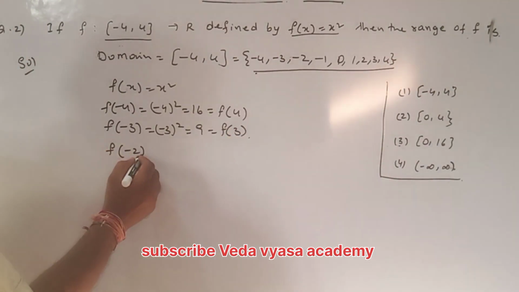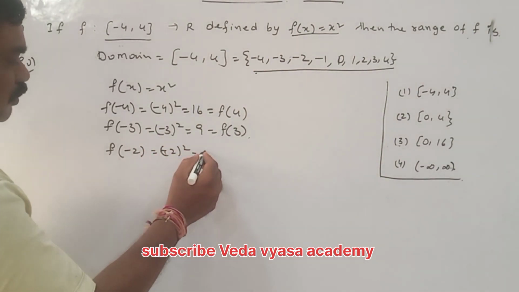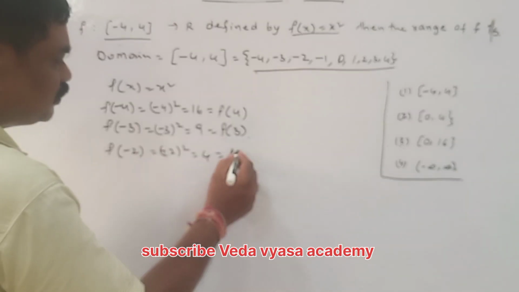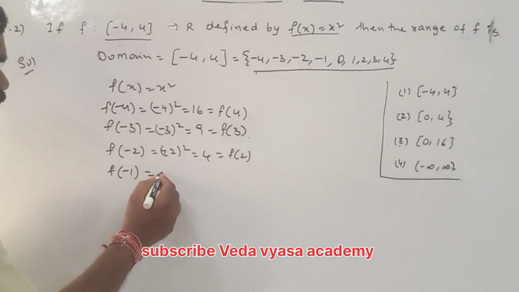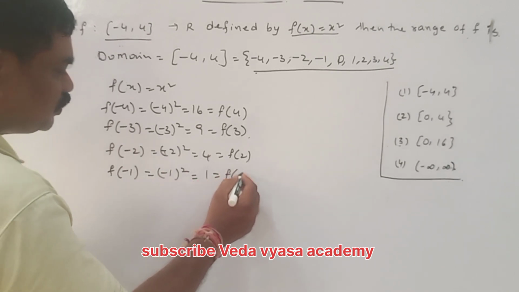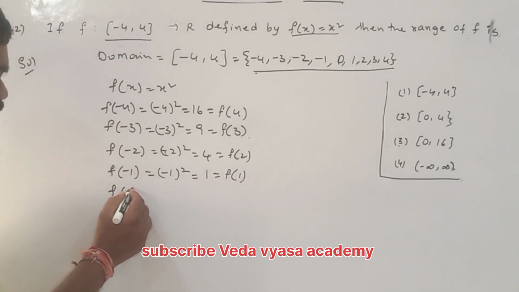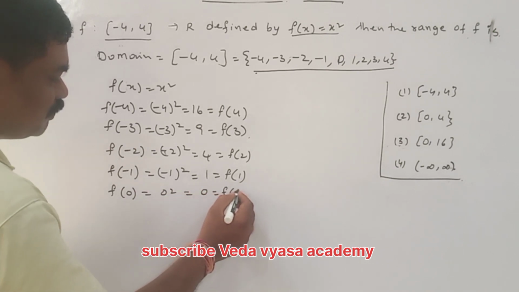F of minus 2 is equal to minus 2 whole square equal to 4, which is equal to f of 2. F of minus 1 is equal to minus 1 whole square is equal to 1, which is equal to f of 1. F of 0 is equal to 0 square is equal to 0.